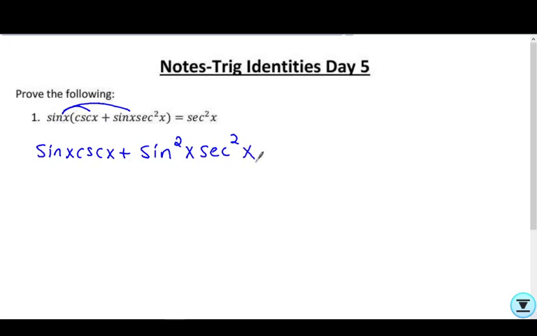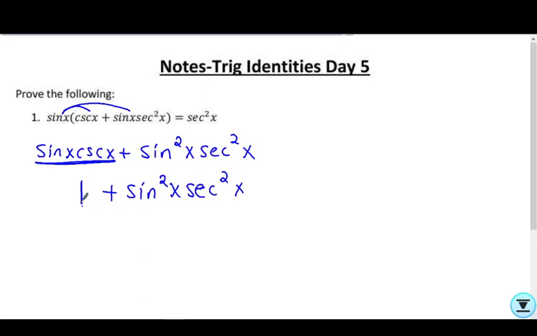Now, cosecant times sine: sine and cosecant are reciprocals of each other, and when you multiply anything by its reciprocal, you get 1. So that's 1 plus sine squared x secant squared x. Now, that 1 plus sine squared looks like the Pythagorean identity, but it's not, so we have to switch one of these.